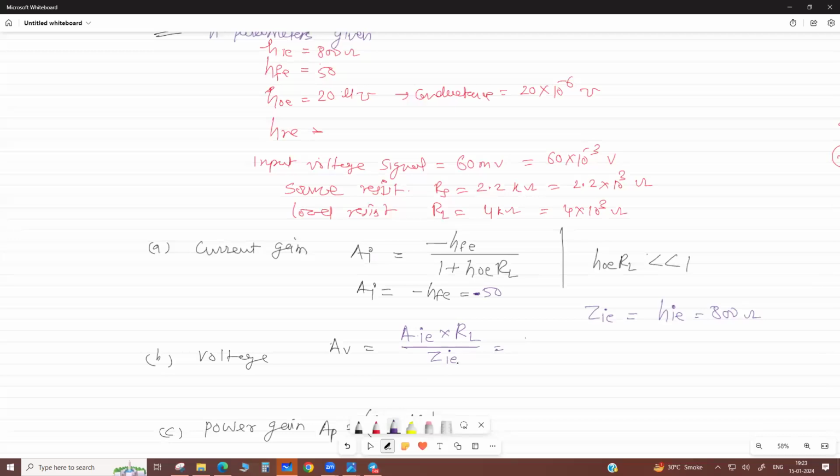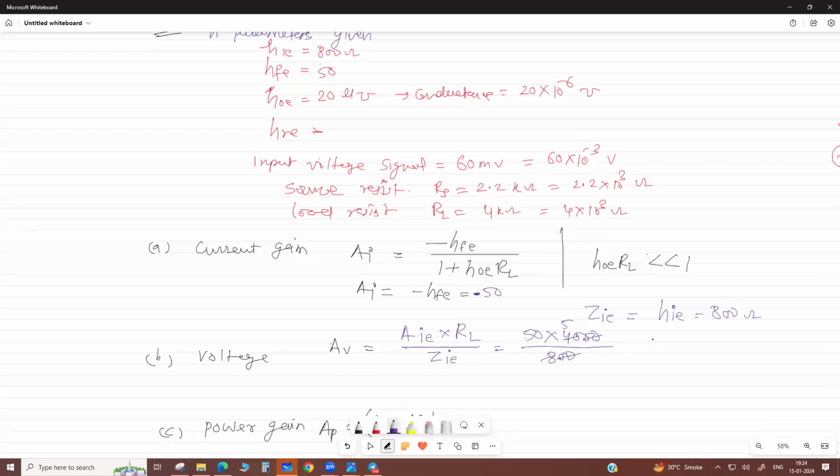So here the common emitter current gain is 50, the load resistance is 4000, divided by 800, which is 8000 hmm, 4000 by 800 gives 5.